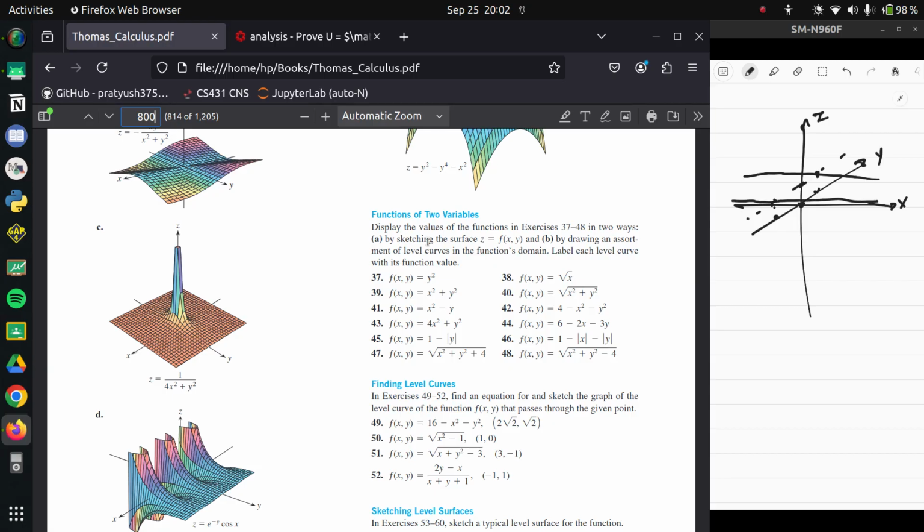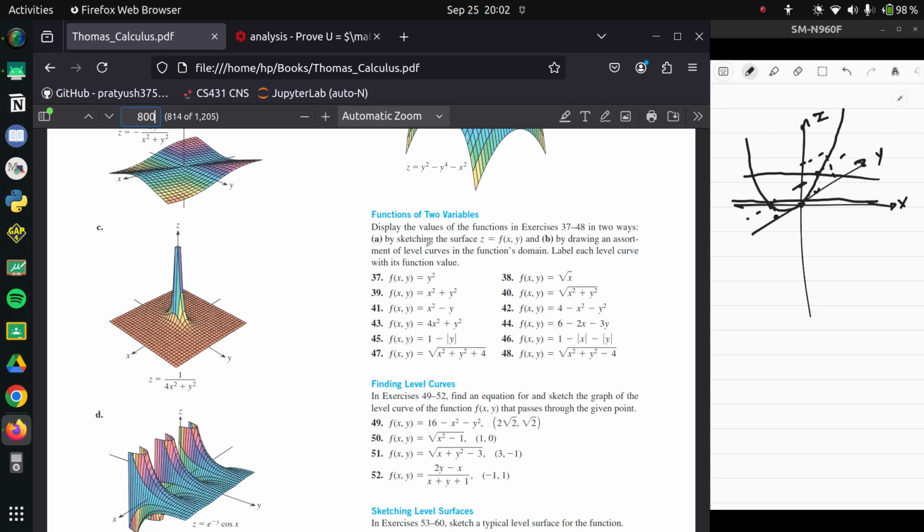Okay, I don't even know if this should be called a curve. Anyway, it's just going like this, it seems. I mean, not like this, but like this. So at z equal to 2, you would just have something like this.